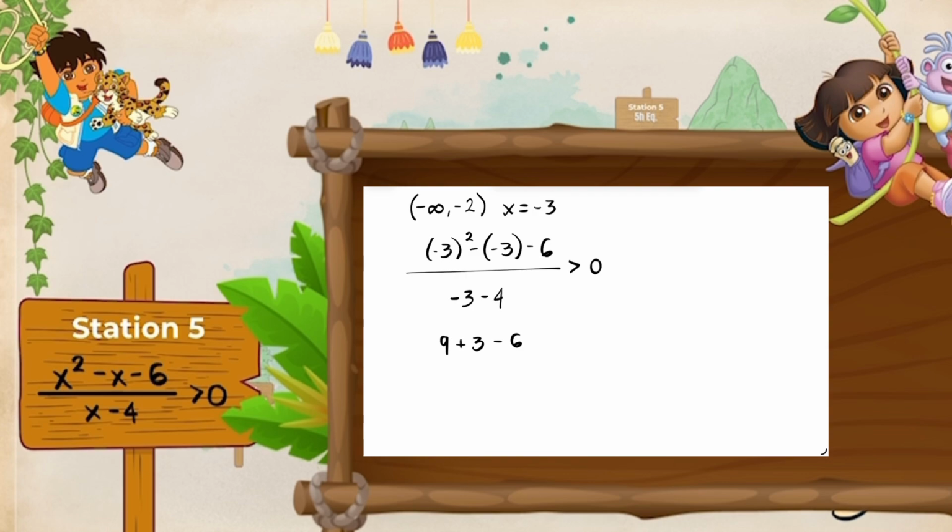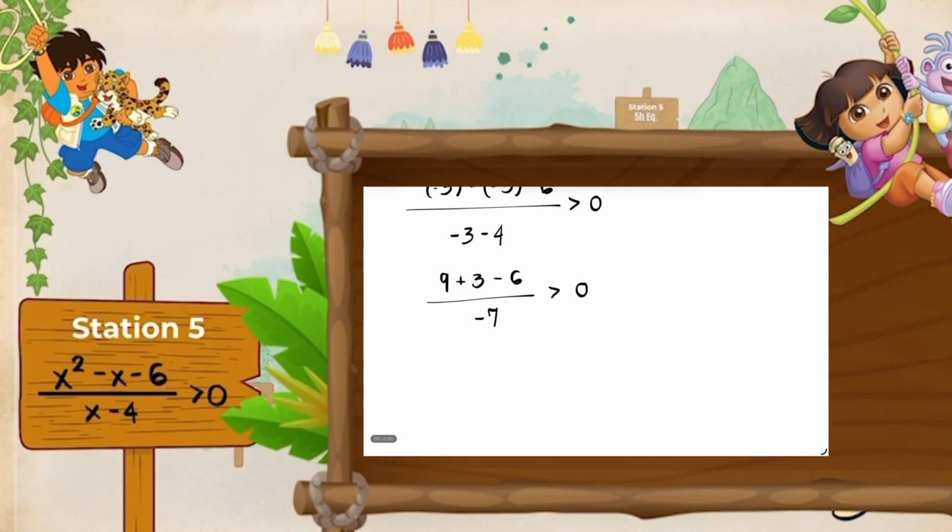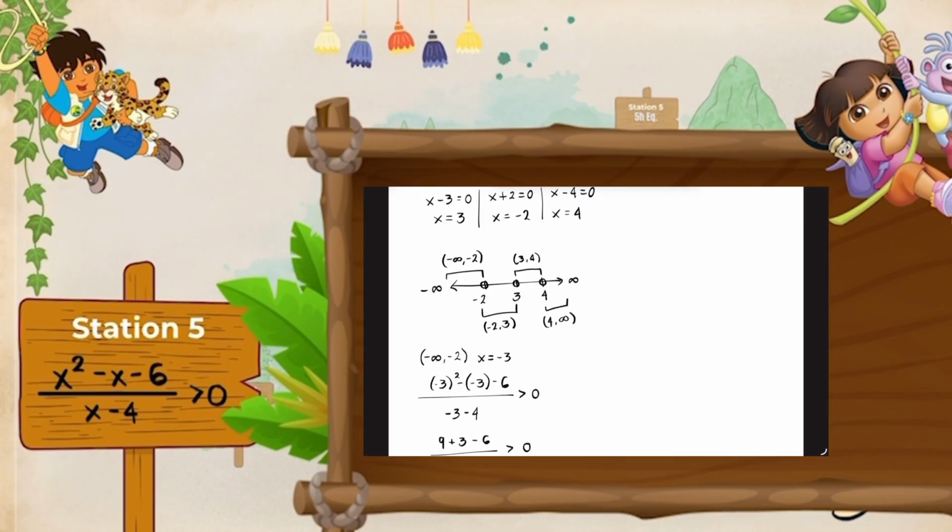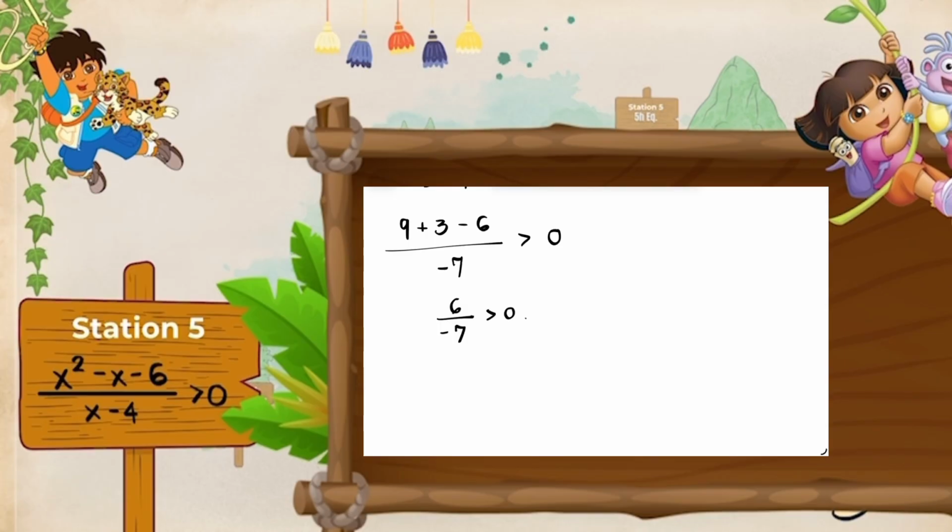Minus 6. Negative 3 minus 4 is negative 7. It's greater than 0. 9 plus 3 is 12. Minus 6 is 6 over negative 7. One positive, one negative, it means negative. And a negative number is not greater than 0. So it's false.